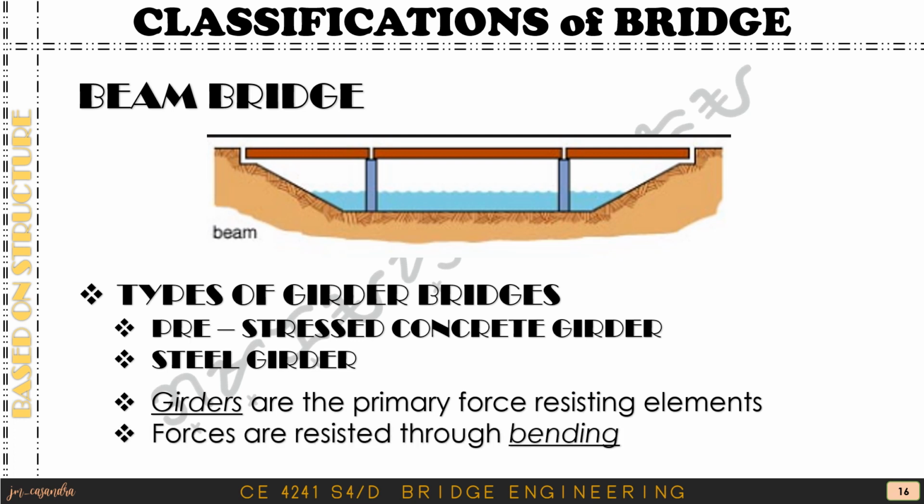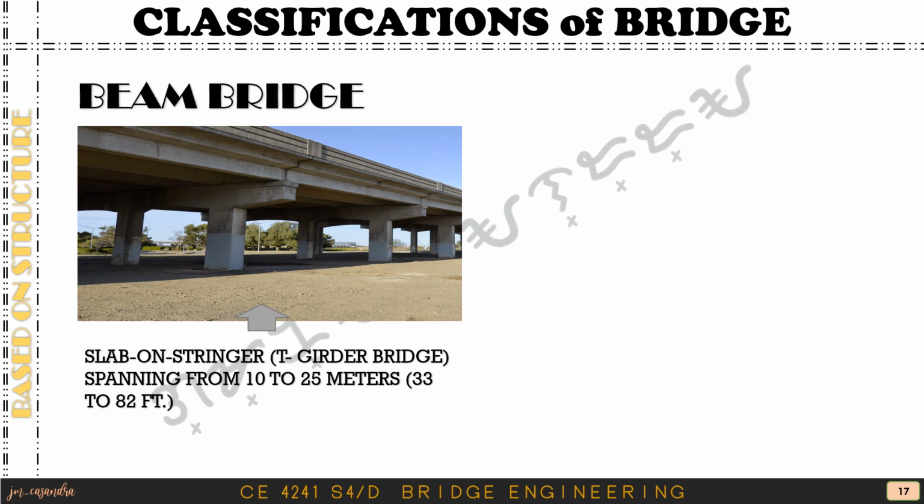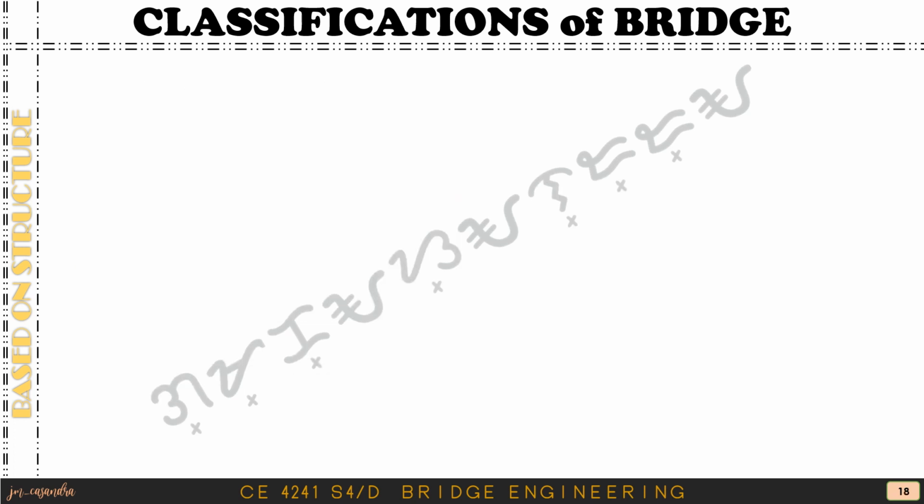Then the forces are resisted through bending. This is an example of a beam bridge or a girder bridge. This is a slab on a stringer or a T-girder bridge, which would span 10 to 25 meters, or 33 to 82 feet. This one is a railroad steel girder bridge.